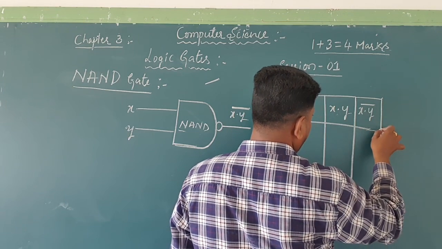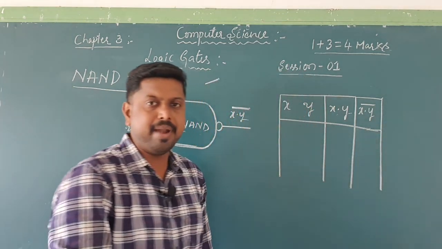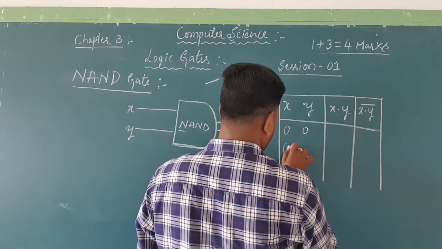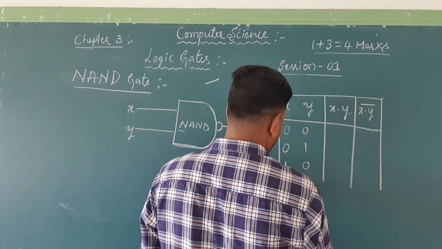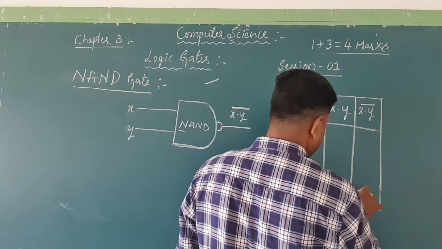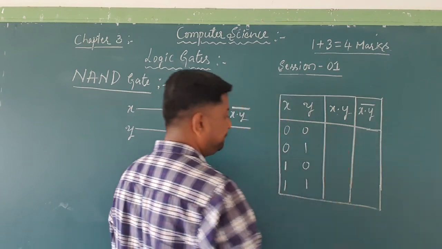As you know, the NOT gate complements its result. Yes, 0 0, 0 1, 1 0 and 1 1 will be the possible inputs for this truth table.